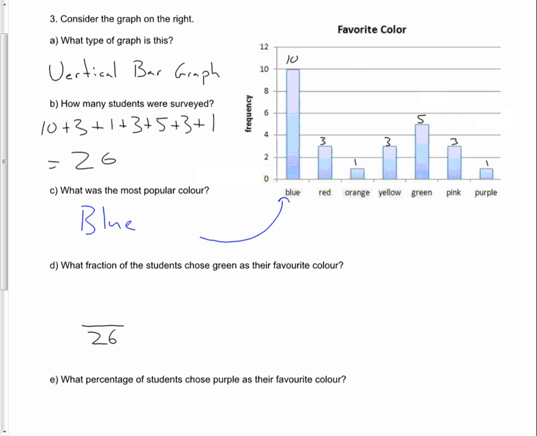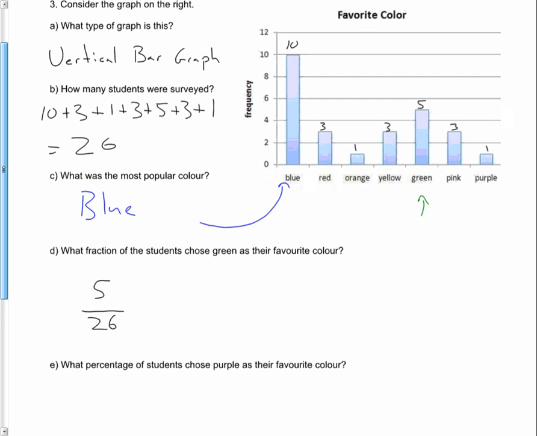That becomes our numerator. So if we look at green, right there, only 5 students said that they liked green. Okay, now this is actually in lowest terms because 5 is not divisible by 2. It's not divisible by any other number that 26 is divisible by other than 1. Okay, so that's actually our fraction in lowest terms.